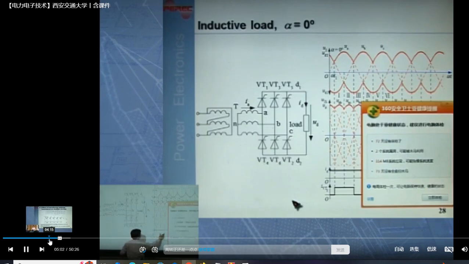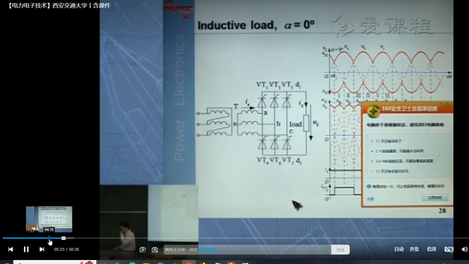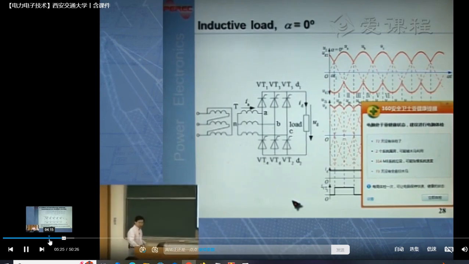And for the next 60 degrees, it will be flowing through VT1 and VT2. But for this 120 degrees, for the upper group, it is always VT1 conducting. Therefore, the current flowing through VT1 will always equal ID, the load current.